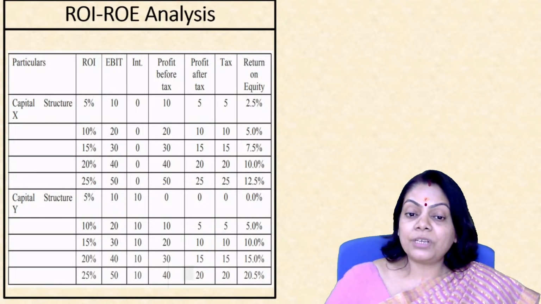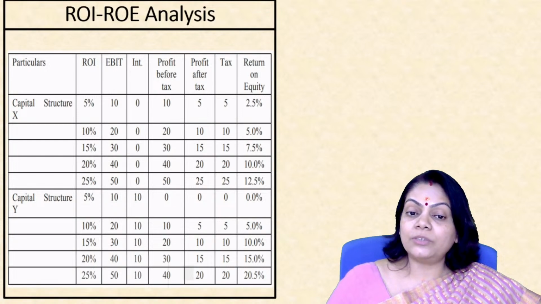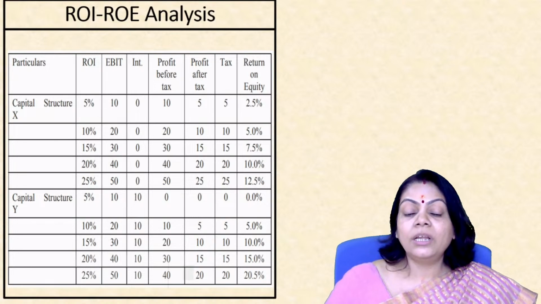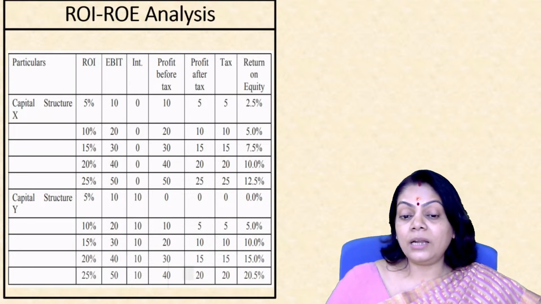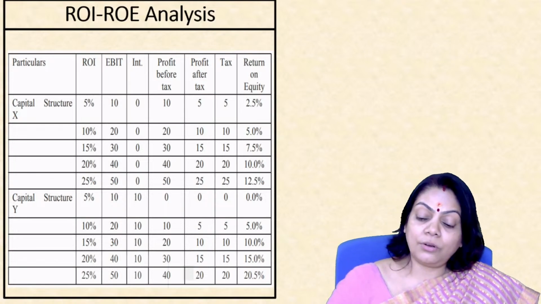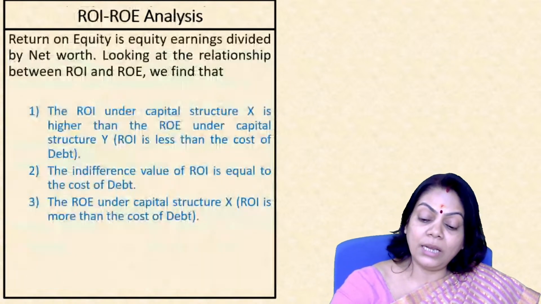See, first year when it was 2.5 for X, it is nil for Y. But in subsequent years it is 5%, 10%, 15%, and 20.5%, which is very, very high. So this is the relationship between ROI and ROE.